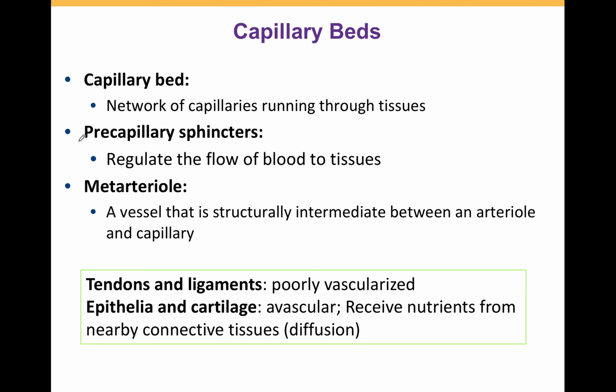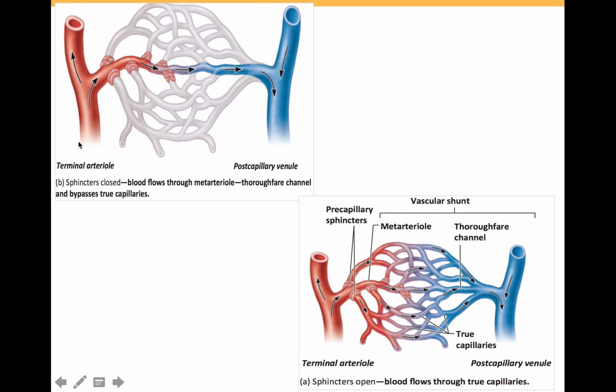So let's go ahead and take a look at this. I just want to clarify this point. In this picture, we can look at some of the labeling and identify some of the components. Right here, this is a typical arteriole, relatively small in diameter. As you can see, the arteriole is branched to this central line that runs in the middle called the meta-arteriole.